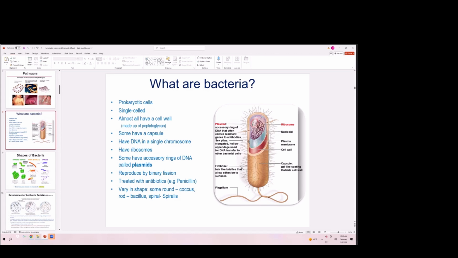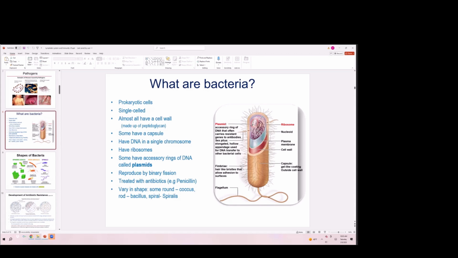Just imagine that you have a tubular plastic bag, and you take some threads and shove them inside. So the bacterial chromosome is just DNA kind of inside like that. But our chromosomes are packaged, surrounded by a membrane to make a nucleus.